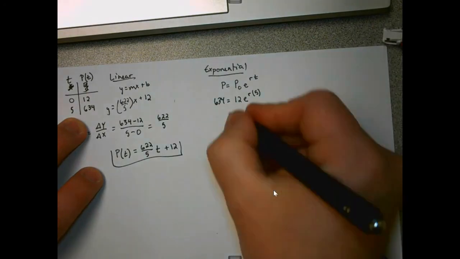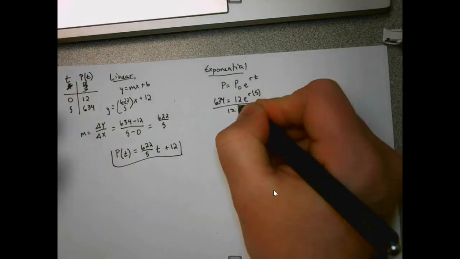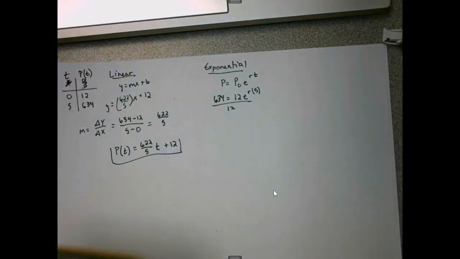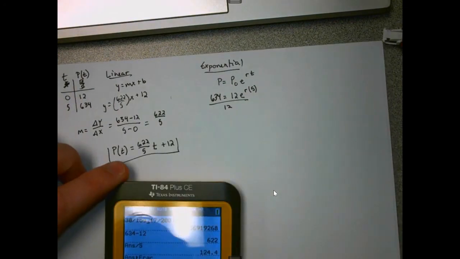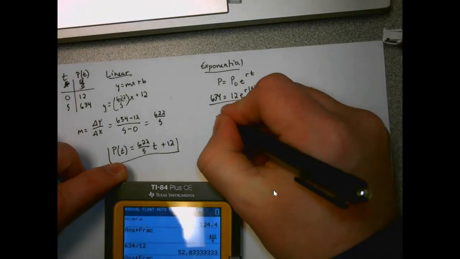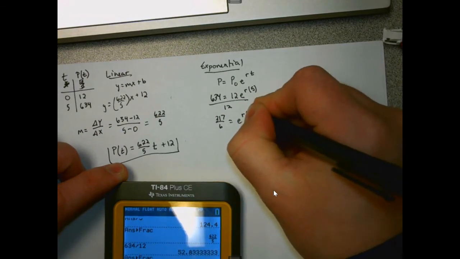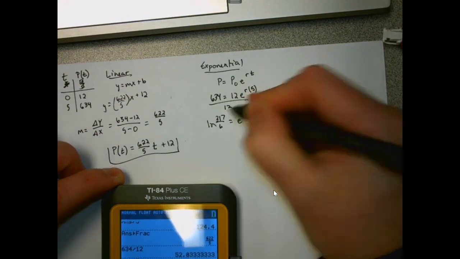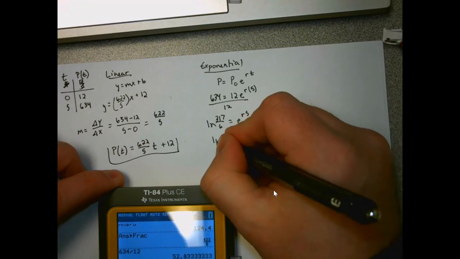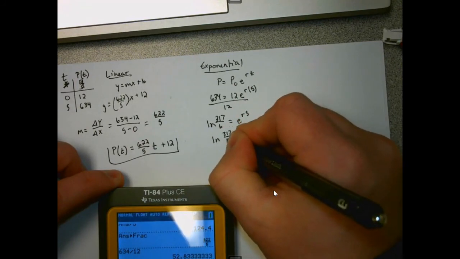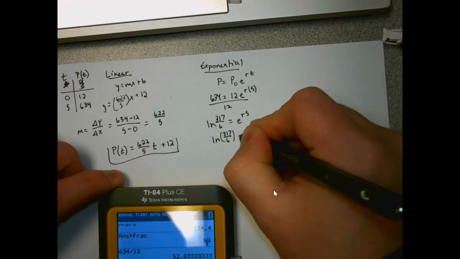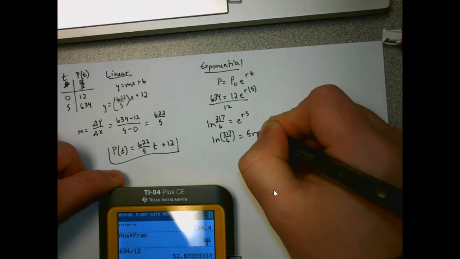Okay, we'll solve this for r. So divide both sides by 12. 634 divided by 12, simplified, would be 317 over 6 equals e to the r times 5. Take the ln of both sides. So you have ln of 317 over 6 equals 5r, and then divide by 5.